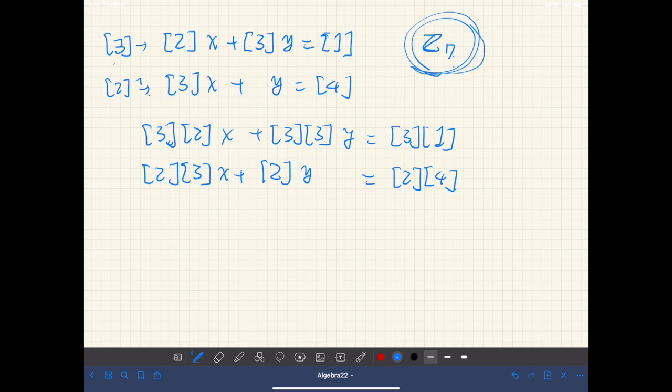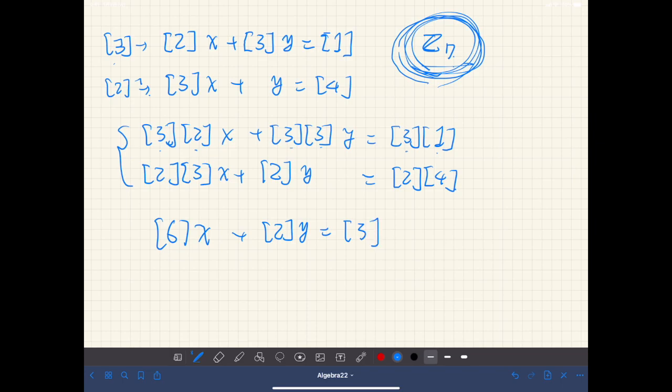Now since we are dealing with Z7, 3 times 2 is 6x, and 3 times 3 is 9, but in modulo 7 it is equal to 2, and 3 times 1 is 3.